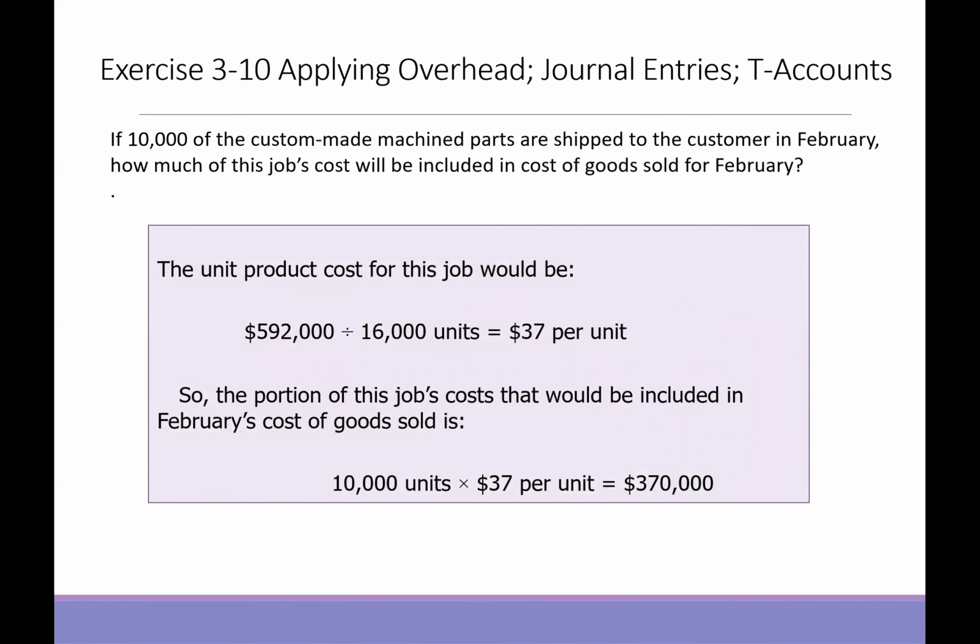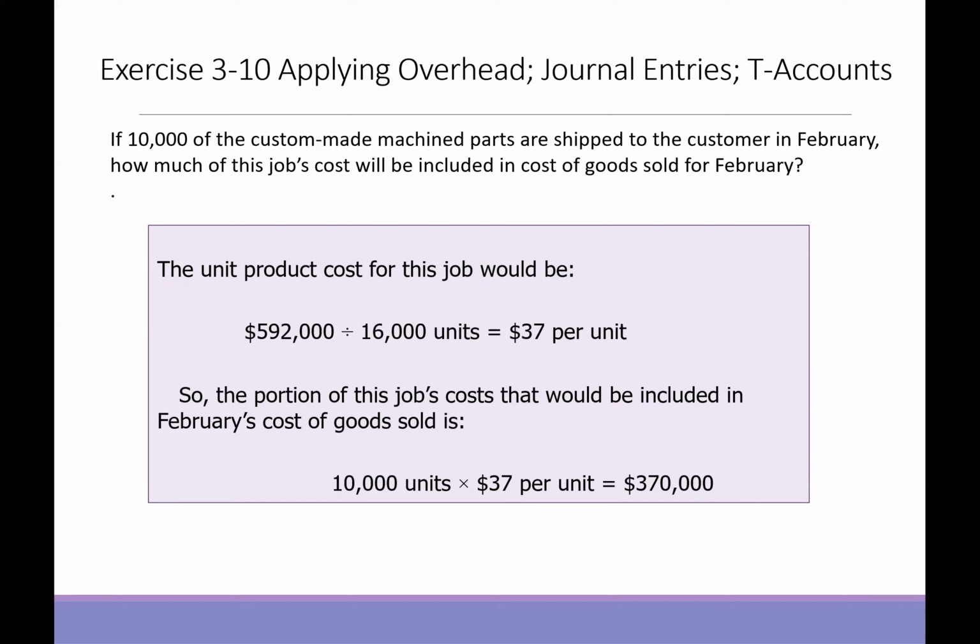If 10,000 of the custom-made machined parts are shipped to the customers in February, how much of this job's cost will be included in the cost of goods sold for February? Well, if we produced 16,000 units, but we are selling 10,000, we take all the cost of 592 that was transferred to finished goods, divide that by the number of units, 16,000, to come up with a cost per unit.